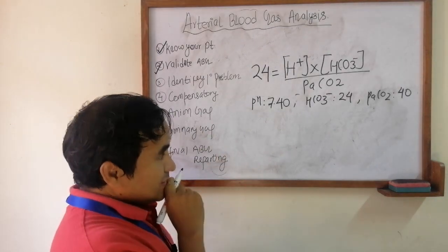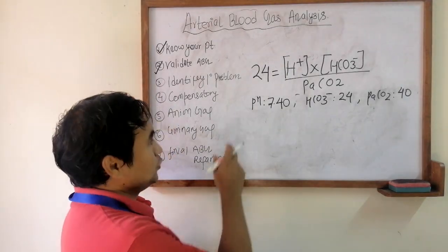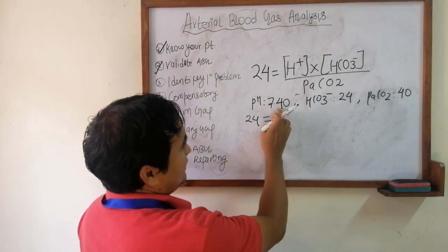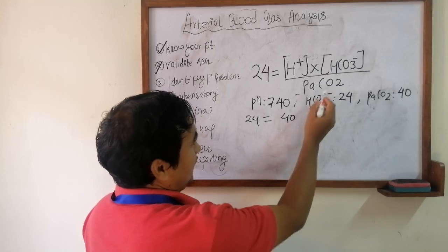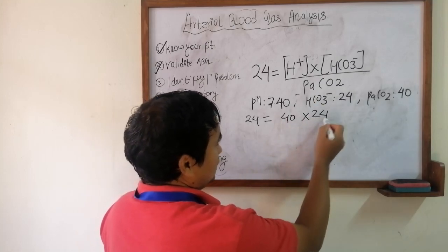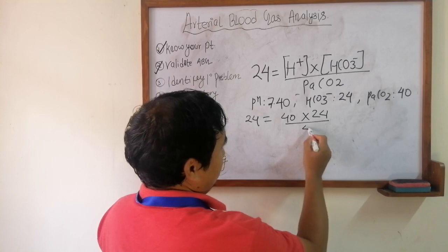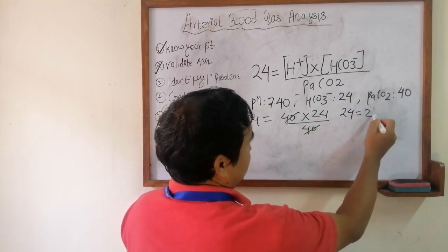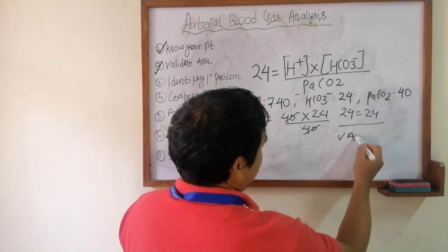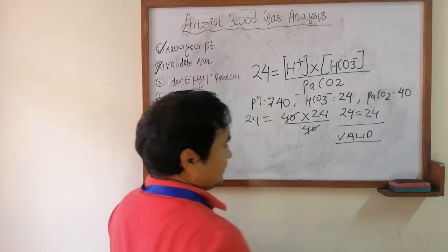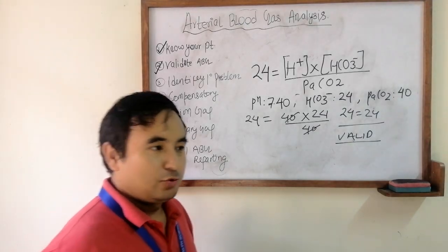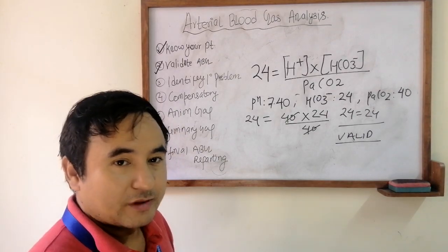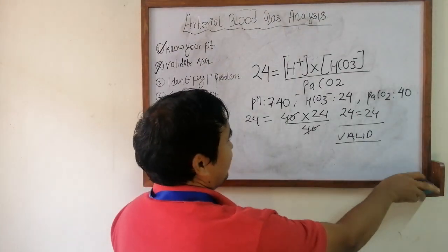Now, is this ABG report valid or not? 24 equals H plus, which is 80 minus 40, so 40, times bicarbonate 24, divided by PCO2 40. So 40 cancels, and 24 equals 24. So I can say that this ABG report is valid. If it is valid, then we can go ahead and interpret the ABG. This is how you check the validity of the ABG.